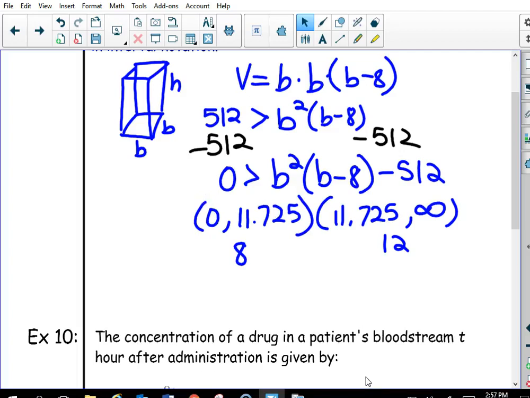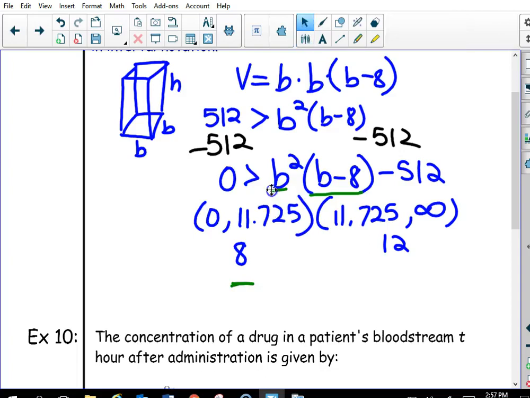Actually, picking the number 8 is fairly easy to calculate because if I put an 8 in here, it's going to be positive. I put an 8 in here, it's going to be 0, and any number times 0 gives me 0, so I'm going to get a negative out of that. And that should be my solutions, but just for fun, we'll go ahead and put the 12 in.